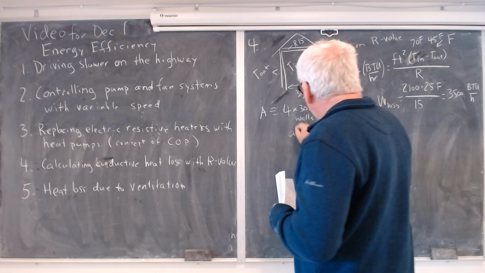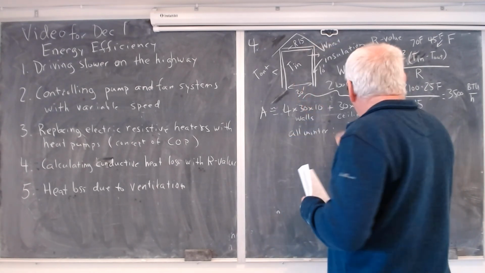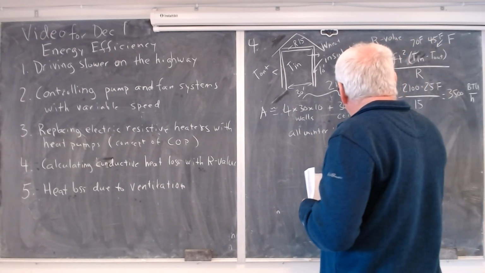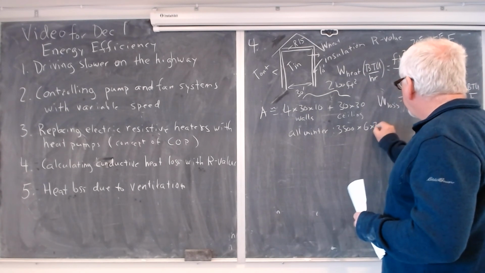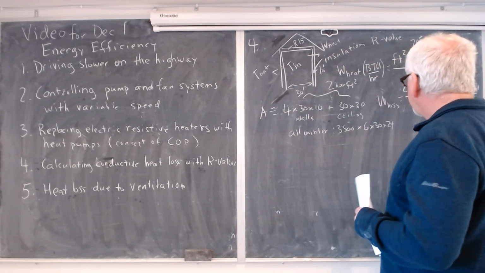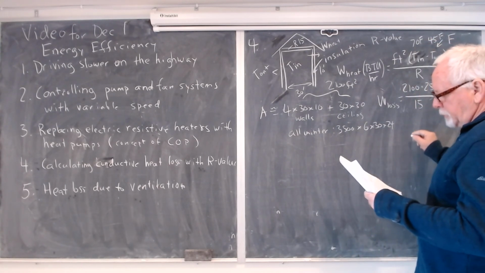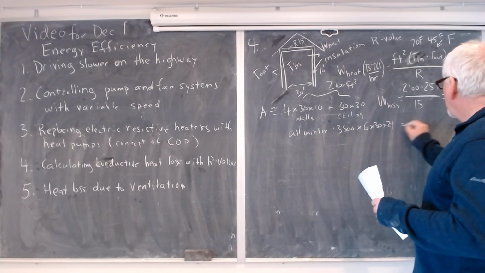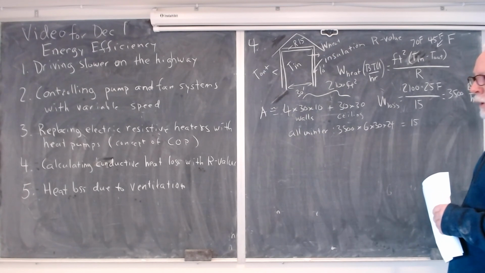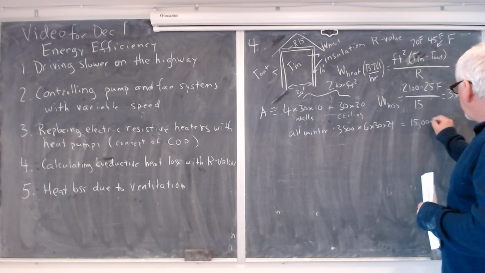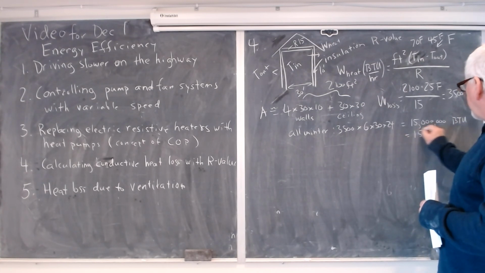And all winter, that's 3,500 times, I'll just use 6 months times 30 days times 24 hours in a day, and it works out to 15 million BTU, which is 15 MMBTU.